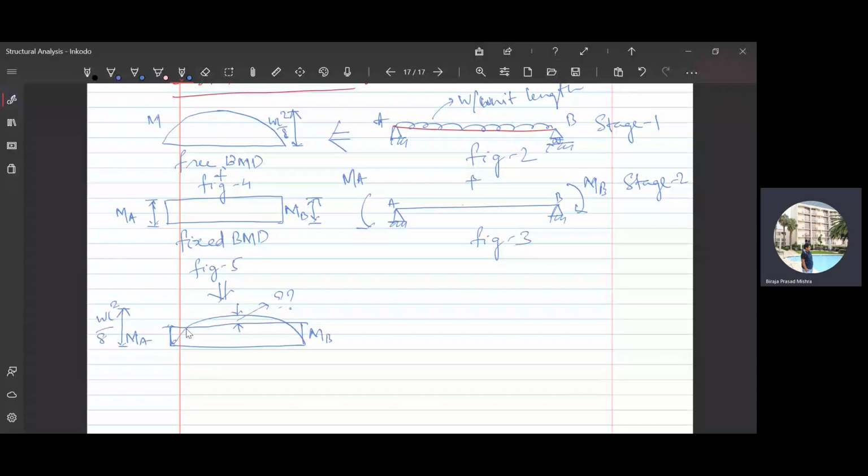Now what are these 2 points? What are those 2 points called?